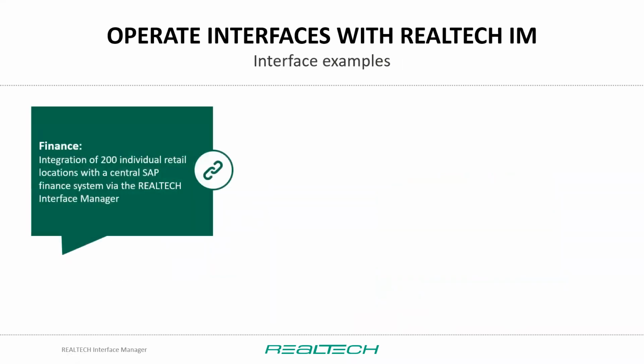So then we have here just three interface examples based on customers that we have. We have an example with the finance modules where we have the integration for retail stores. We have about 200 retail stores which connect to a central SAP system daily to handle all their data, and they do this via the Interface Manager.